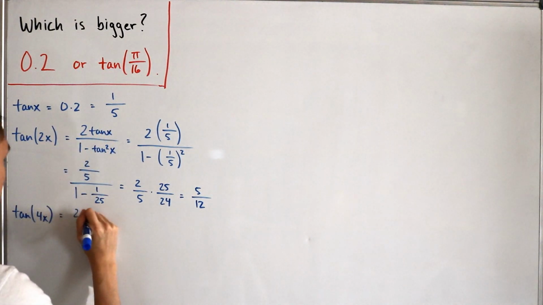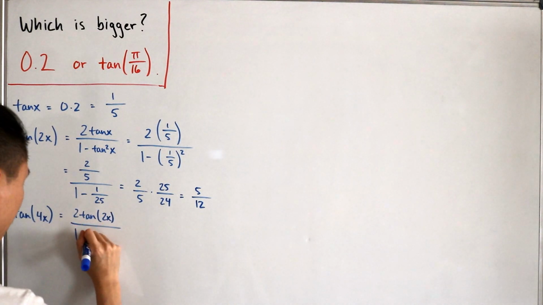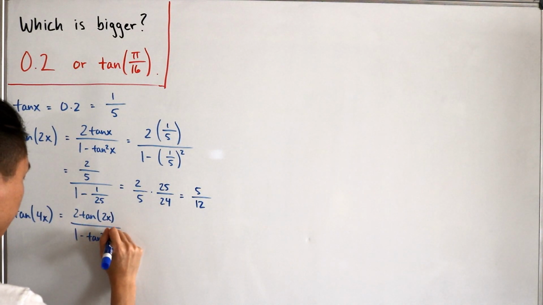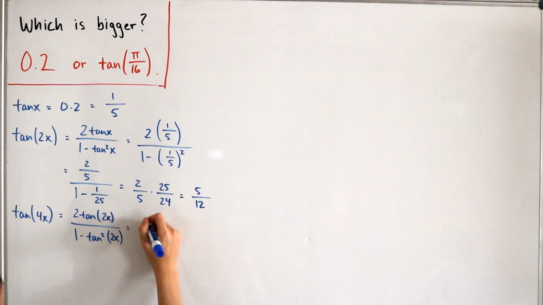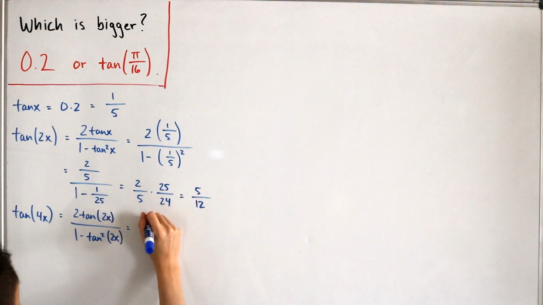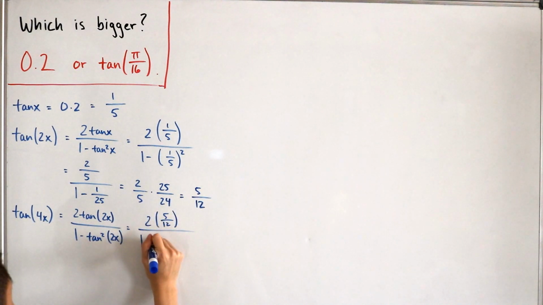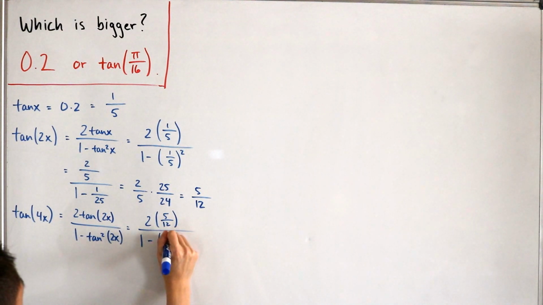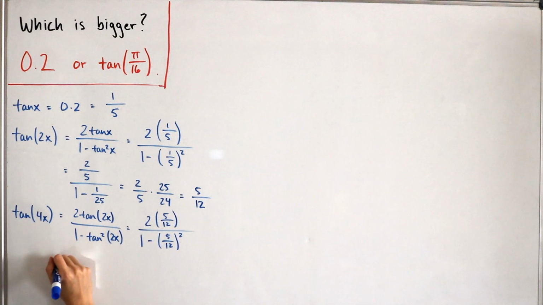This will be 2 times tangent of 2x, divided by 1 subtract tangent squared of 2x. Then we make the substitutions: 2 times tangent of 2x, that's 5 divided by 12. On the bottom, this is 1 subtract 5 over 12 squared.